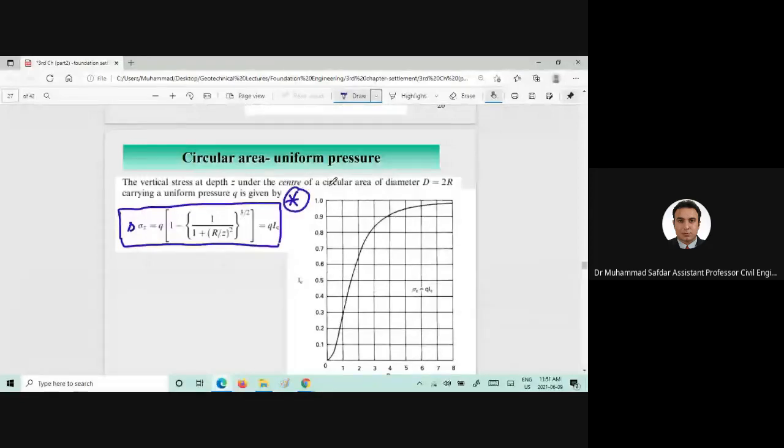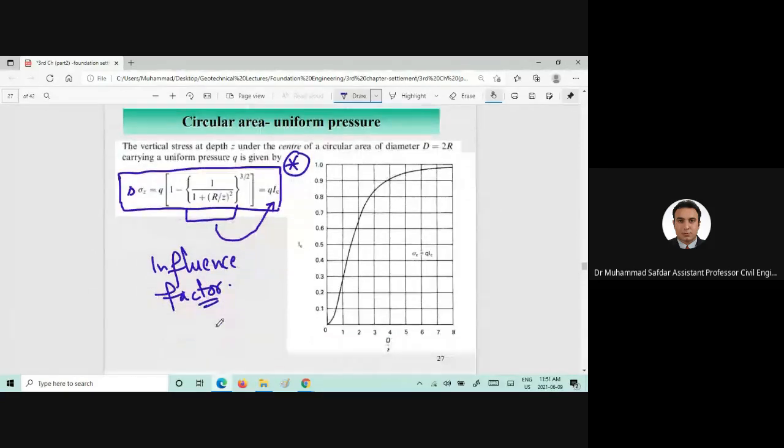You can see that this term has been replaced by the term IC, which is the influence factor, and we can find the influence factor using this figure.